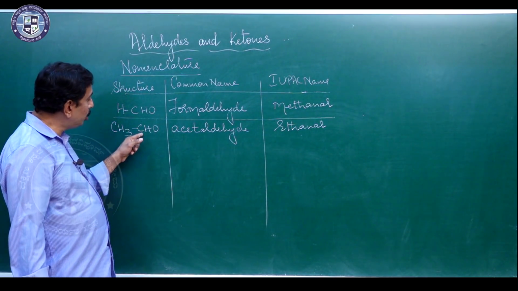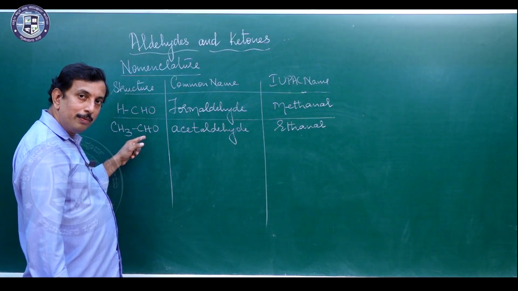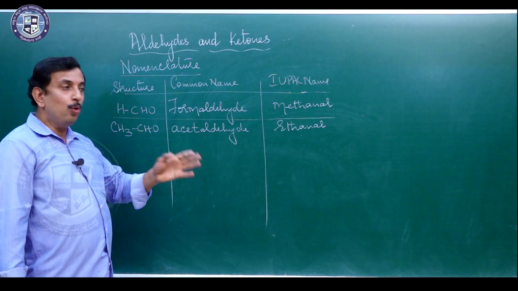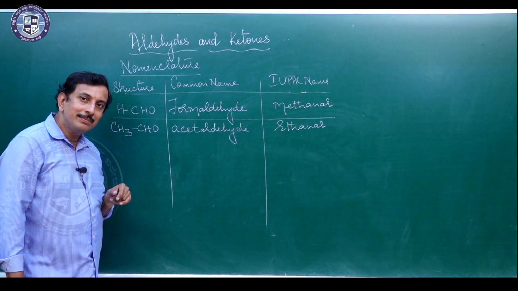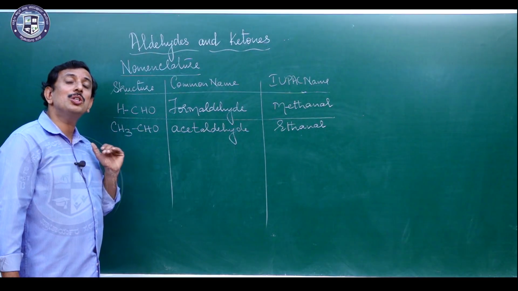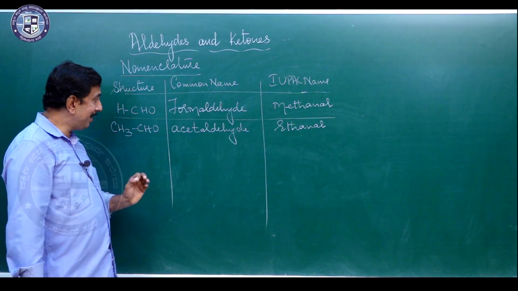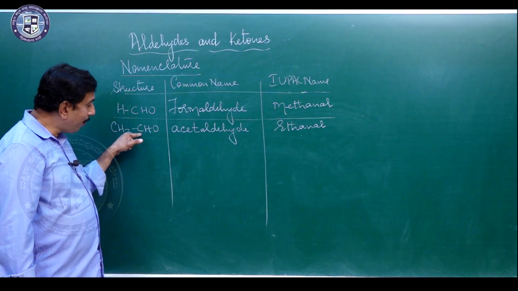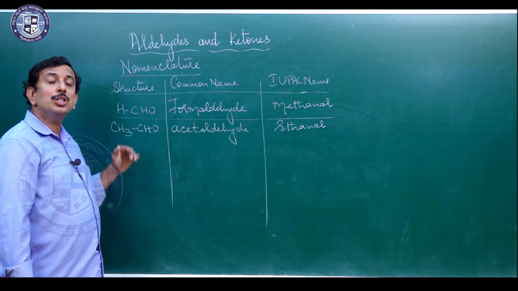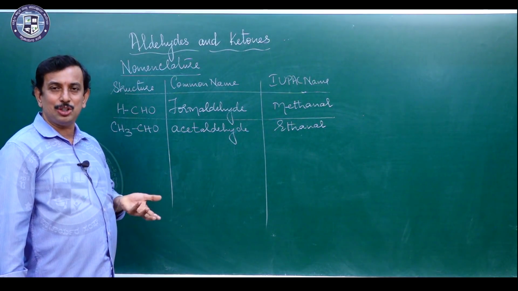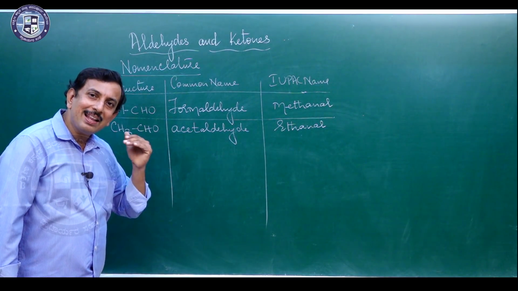Because you can see there are two carbon atoms inside the molecule, and with two carbon atoms the alkane is ethane. Remove E, add the word al. You can see in these two examples I have not indicated the position of the functional group. Why? The reason is simple. The position number 1 is given to this carbon. When the position number is 1, there is no need to indicate it; it is understood that it is present at the first position.